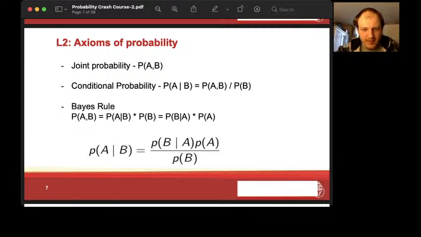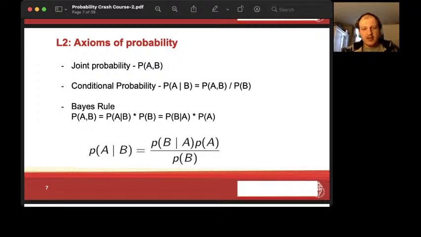If you put the joint probability of A and B on one side, you can see that this is equal to both of these expressions. So in joint probability, P of AB will be equal to P of BA.